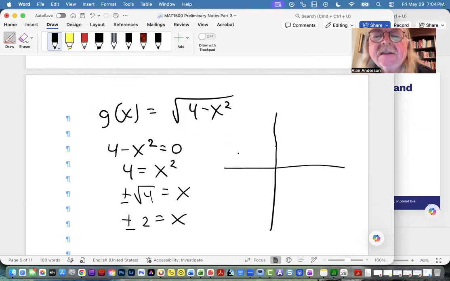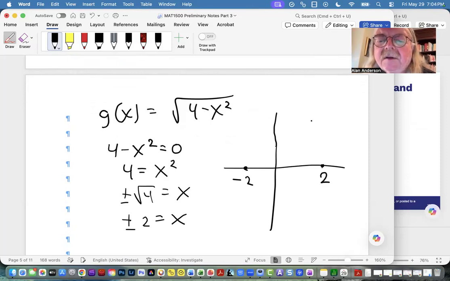At exactly negative and positive 2, the function is equal to 0. Now, you notice that if x gets too large, we'll have a negative square root. So that means x can only go as low as negative 2 or as high as positive 2.